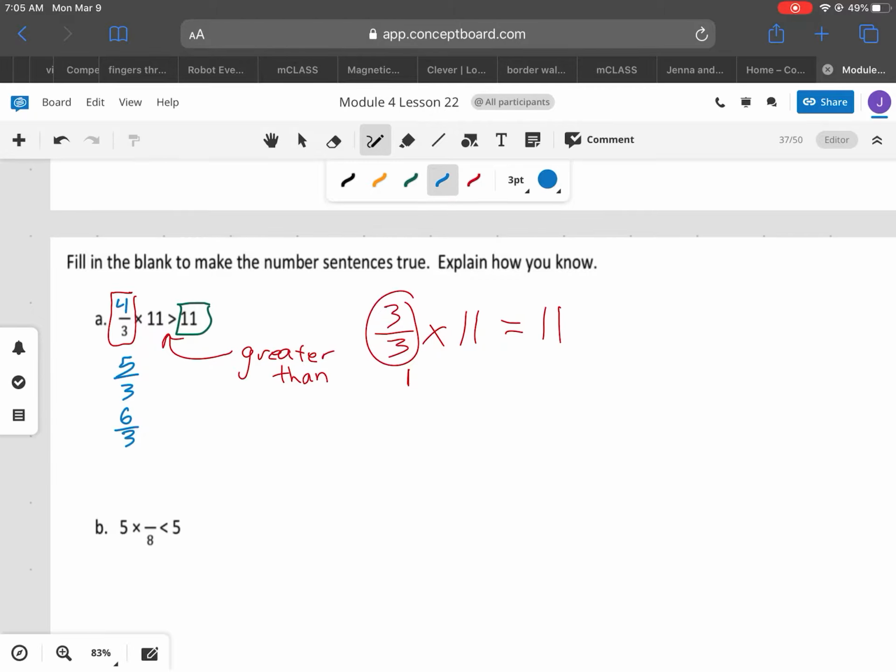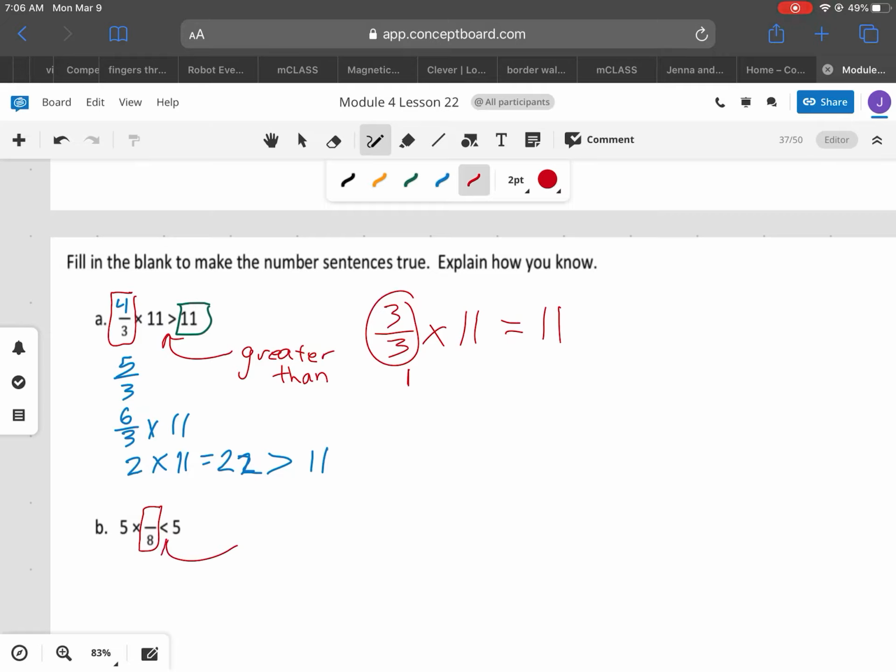And let me stop here with 6/3, because if we did 6/3, it would basically be 2 times 11, which gives us 22, and 22 is greater than 11. So any number that is greater, so it needs to be greater than 3/3.